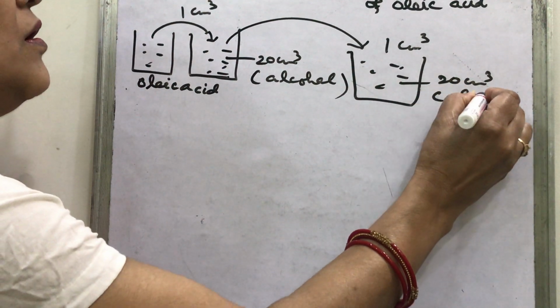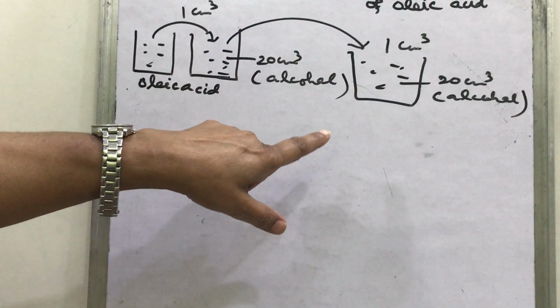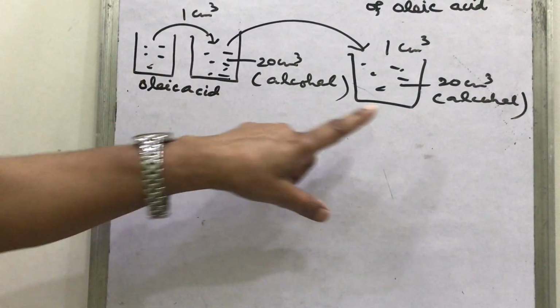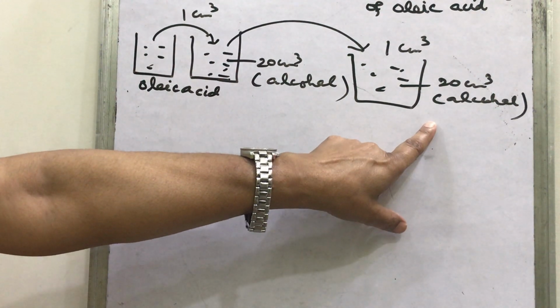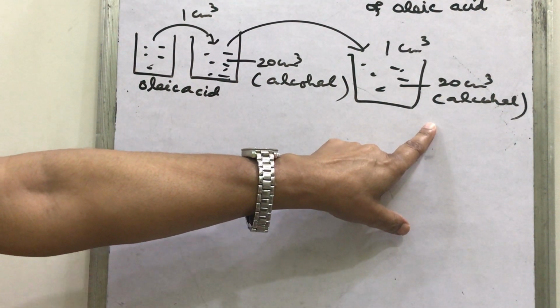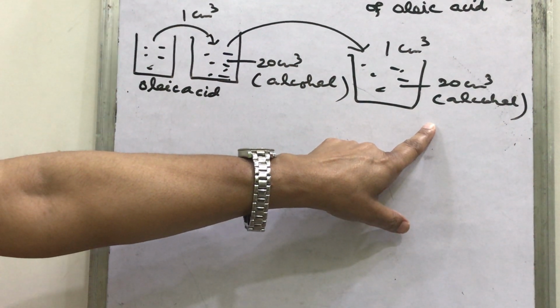Same. So it has been done so that the concentration of oleic acid is 1 upon 400 centimeter cube in 1 centimeter cube of alcohol. This will be the concentration of oleic acid.